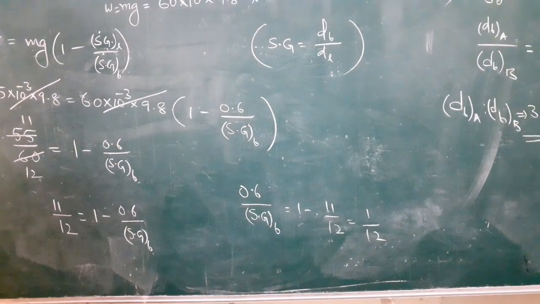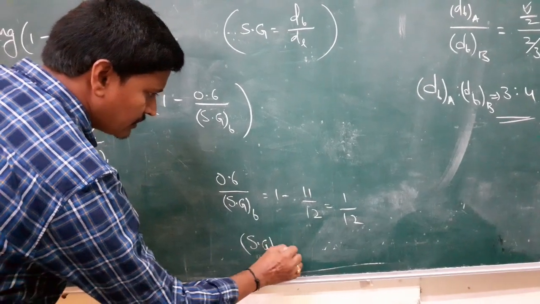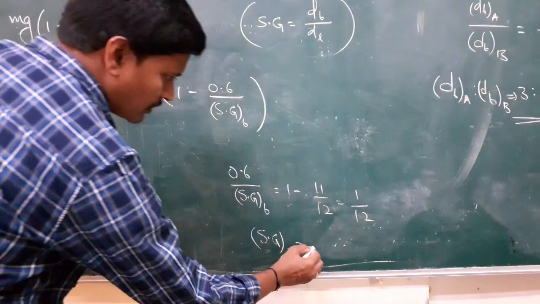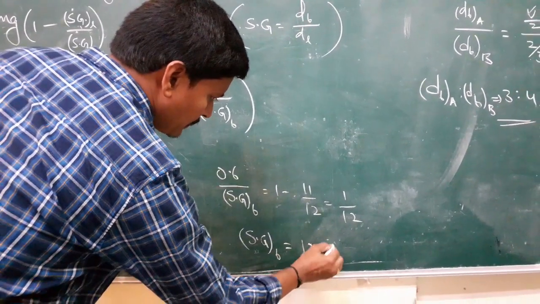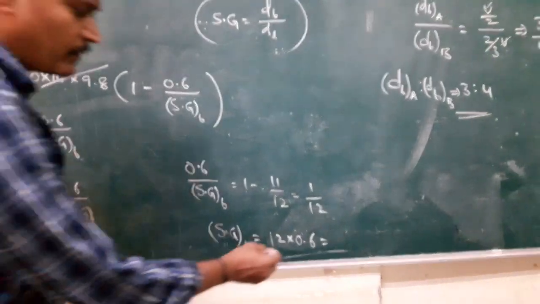Then by cross multiplication, the specific gravity of this body is equal to 12 into 0.6, that is 7.2.